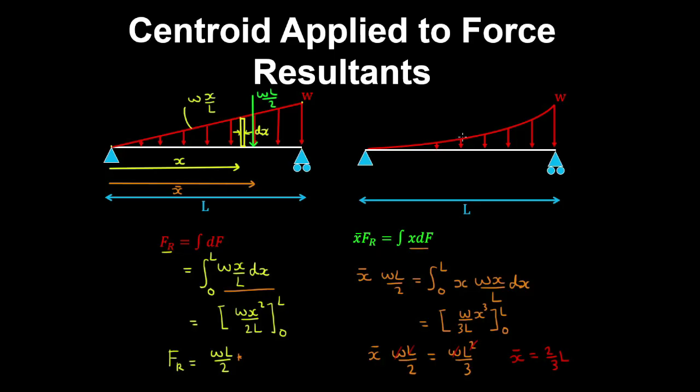And I'll leave it for you to do the same for this parabolic distribution. So that may have an equation of W by x squared on L squared. And you can find the force resultant and the centroid at which it acts.